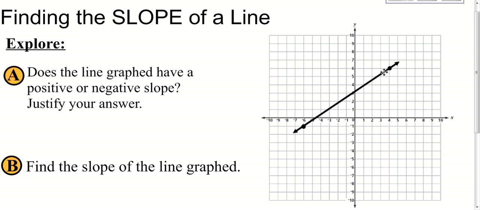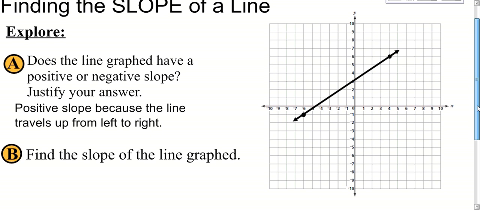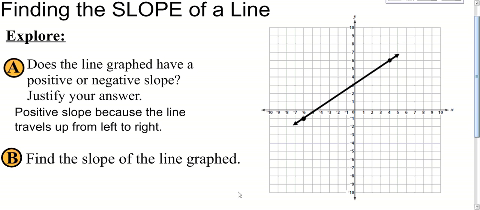Since it goes up from left to right, you have a positive slope. It's a positive slope because the line travels up from left to right. If it traveled down from left to right, that means you would have a negative slope. And this line has a positive slope. So right there, before you do anything, you know that this has a positive slope.